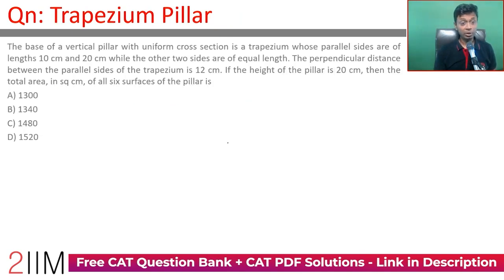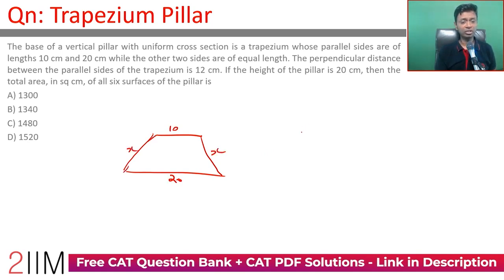The base of a vertical pillar with uniform cross section is a trapezium whose parallel sides are of length 10 centimeters and 20 centimeters. So 10 and 20. Fine. So this is 10, this is 20. While the other two sides are of equal length. So let's say x and x.